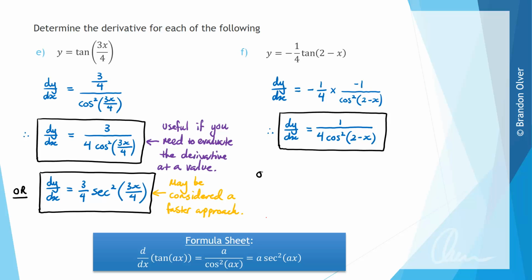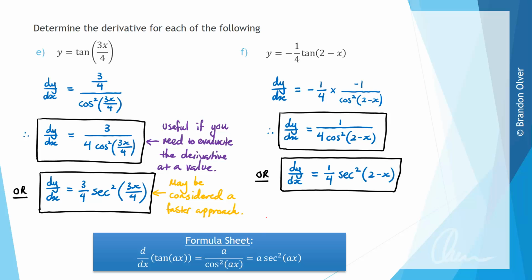And another way that is perfectly valid would be involving the sec function. So our derivative dy dx could be written as, and here the -1/4 times the -1, that's the a value, would become +1/4, and then we'd simply have sec squared of 2 subtract x. So that is an equally valid second way of representing the derivative for part F.